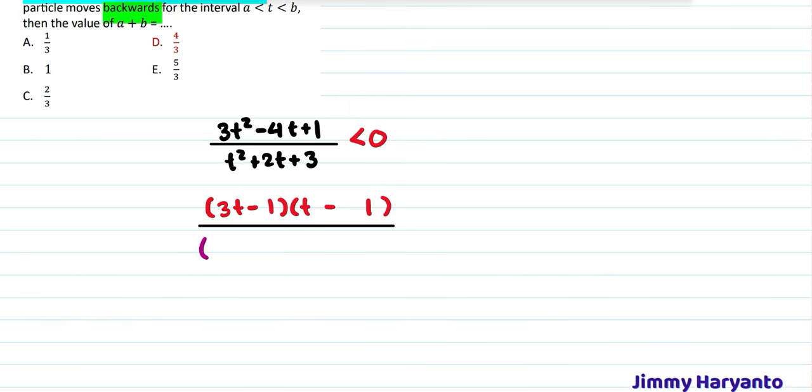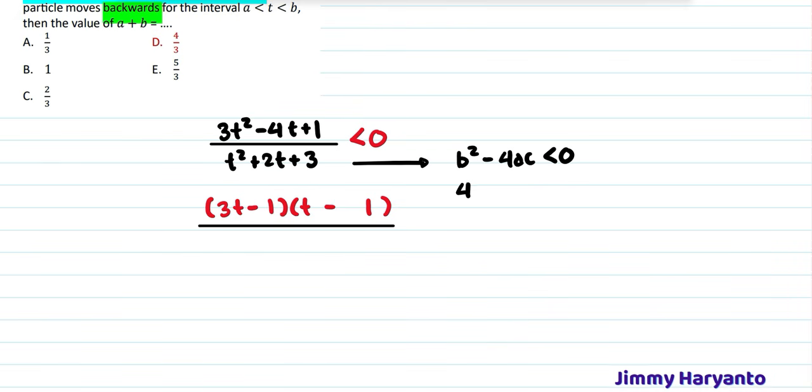For the bottom part, I don't think we can factorize it, and I don't think we can find the value of t, because the value of b squared minus 4ac is less than 0. Let's try it. So this one is 2 squared, which is 4, minus 4 times a equals 1 times c equals 3. And as you can see, the value is negative 8.